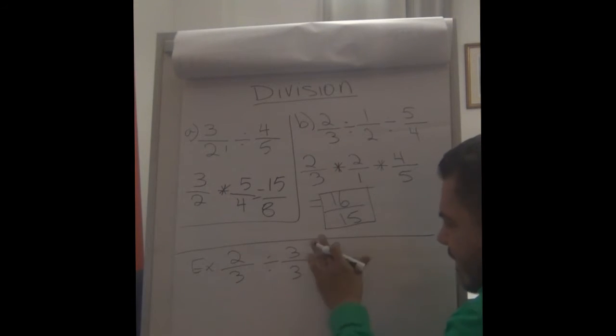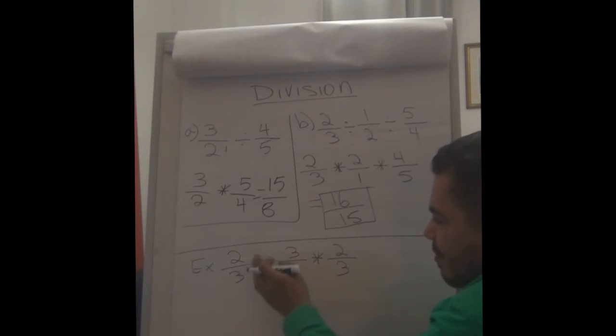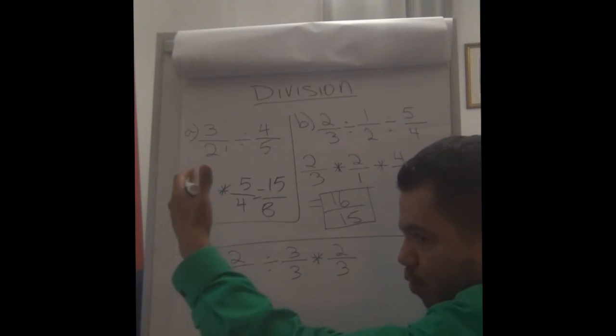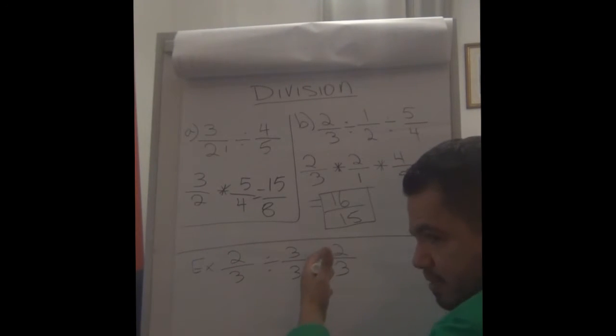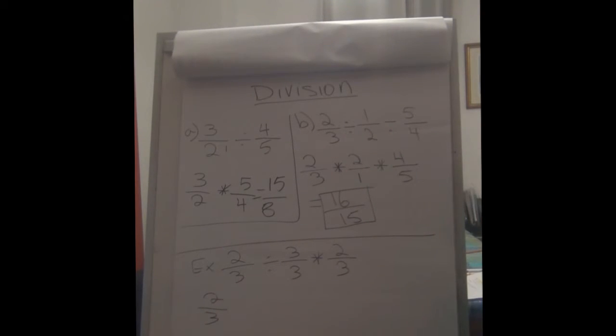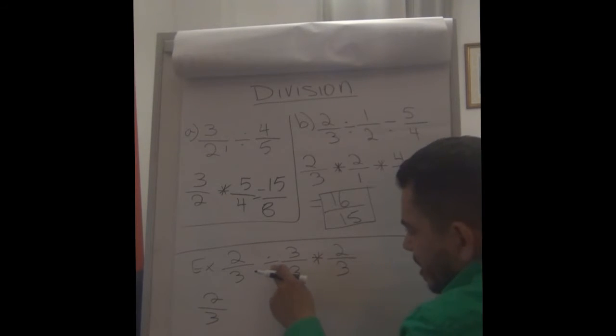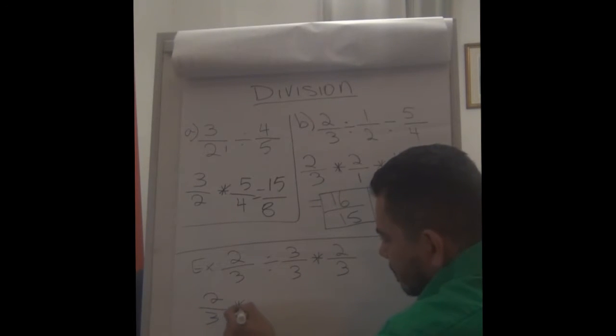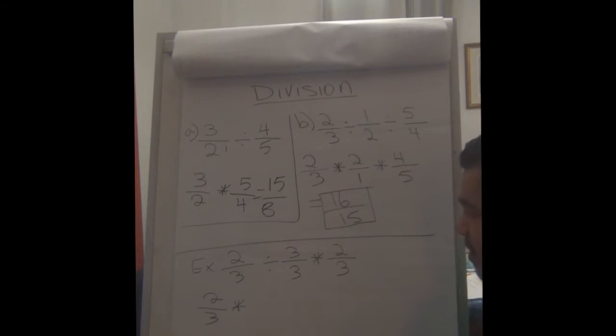I have a division and I have a multiplication. So let's start. Remember, when you have division and multiplication, you work from left to right. Okay? It doesn't matter which one. So let's try. So 2 over 3 stays the same. Change this to multiplication.